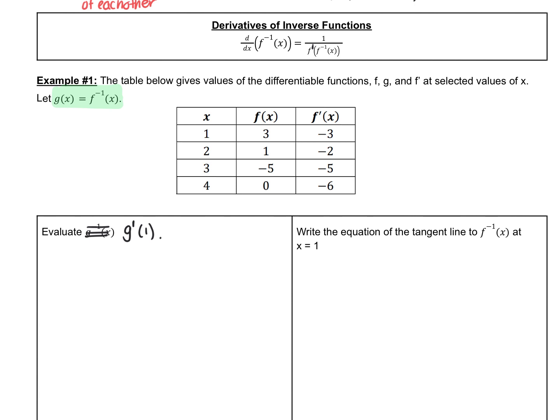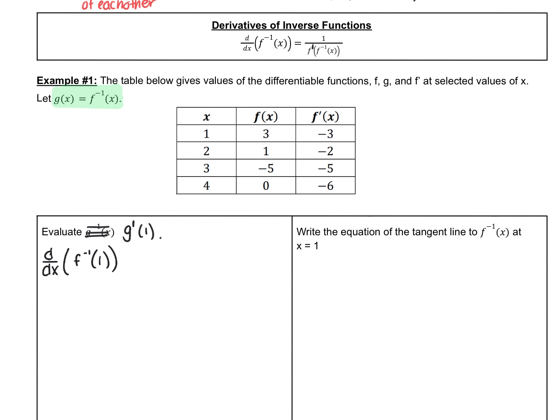So when they say find g prime of 1, they're really asking you to evaluate this derivative of the inverse. So they want you to find d dx, the derivative of f negative 1 of 1.